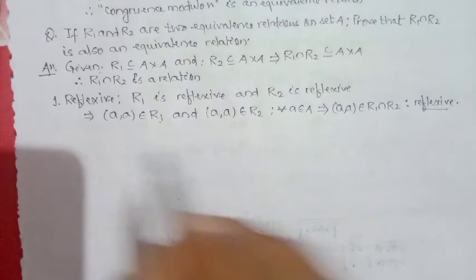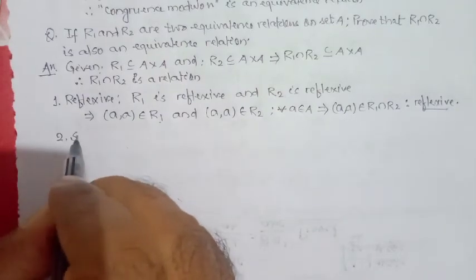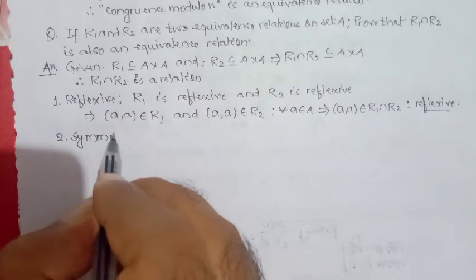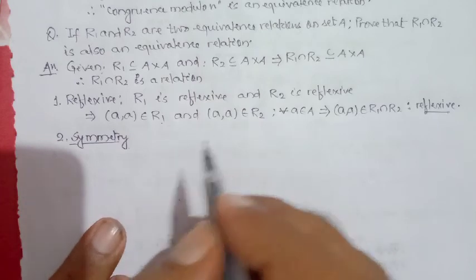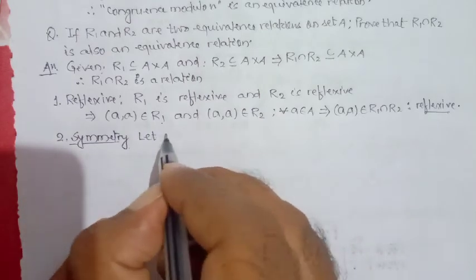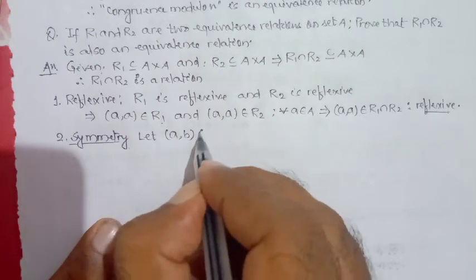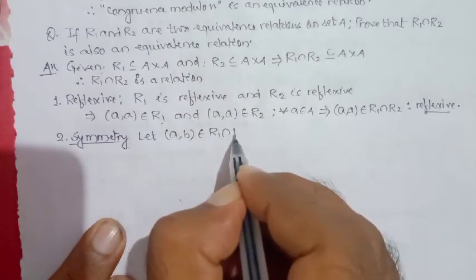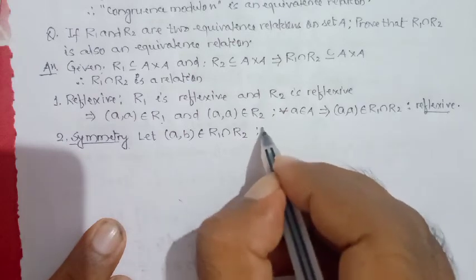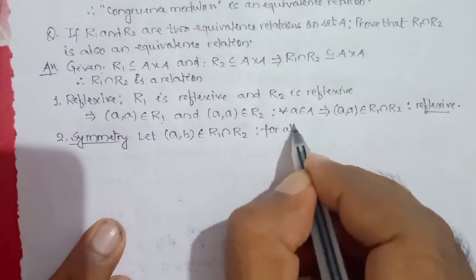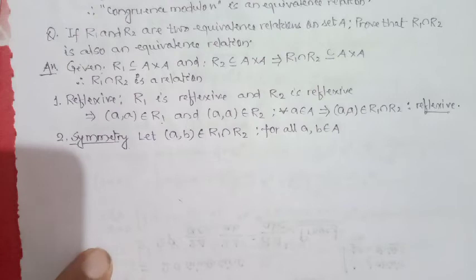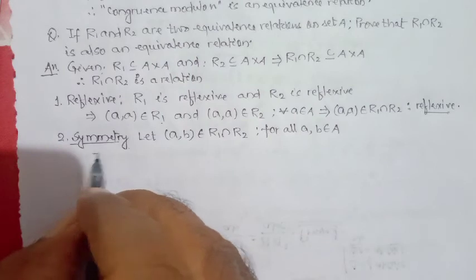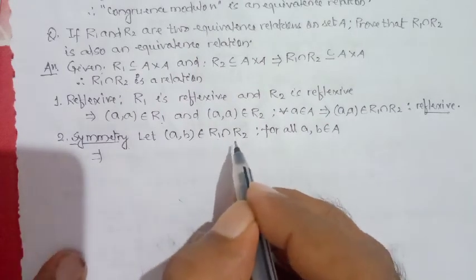See the second point, symmetry. Let (a, b) belong to R1 intersection R2, for all a, b belongs to set A. So (a, b) will be a common element of R1 and R2.